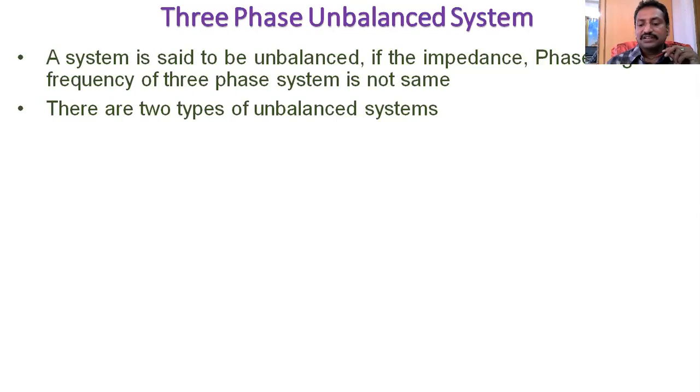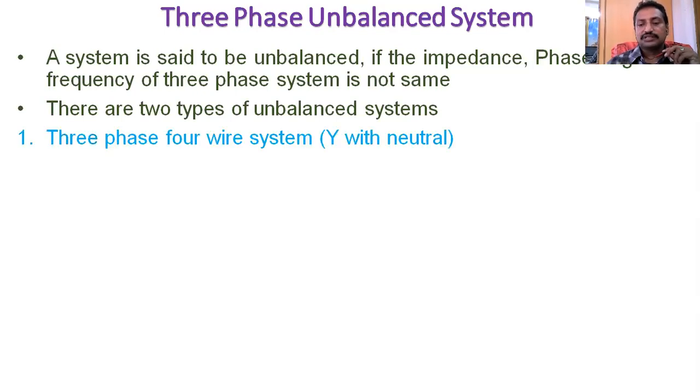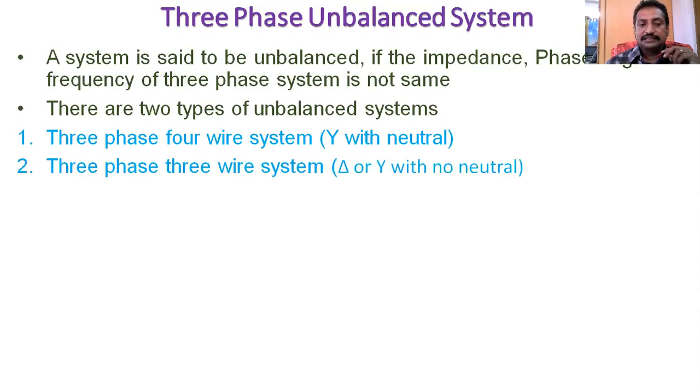So there are two types of unbalanced systems. What are those? Number one, three-phase four-wire system, nothing but star with neutral. The second is three-phase three-wire system, nothing but star without neutral or delta connection. So these are the delta connected unbalanced three-phase system. So two types of unbalanced systems are available.